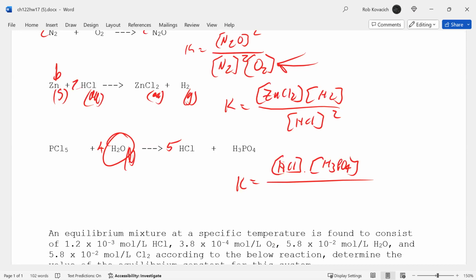So that gives me 8 hydrogens. That's 4 oxygens. That's 4 oxygens. There's 1 phosphorus and 5. Okay, there it is. So then it's hydrochloric acid raised to the 5th, phosphoric acid still to the 1st, and then my PCl5 raised to the 1st.